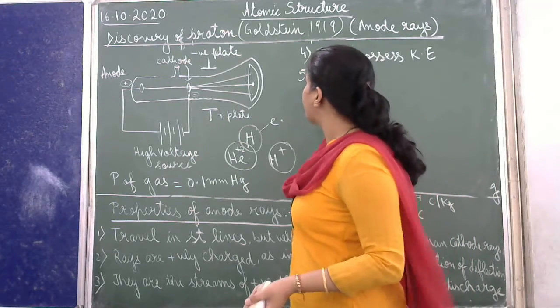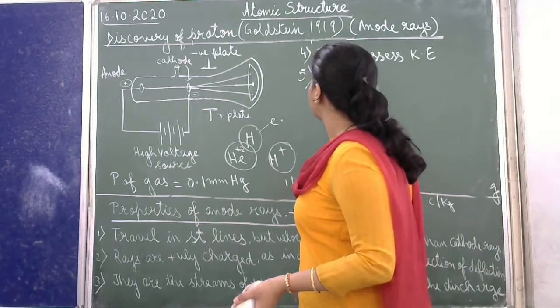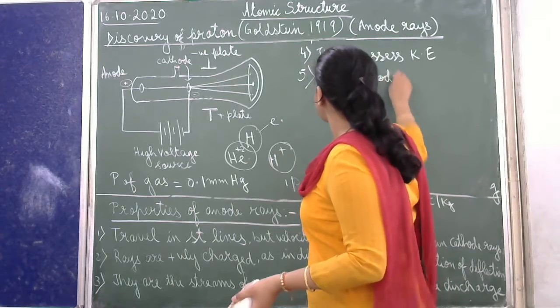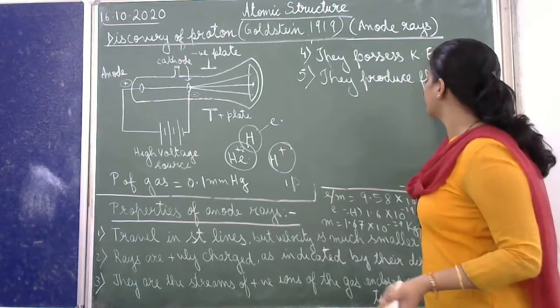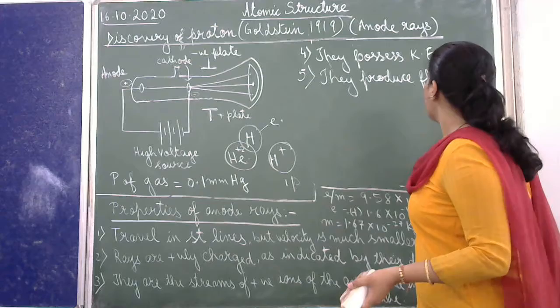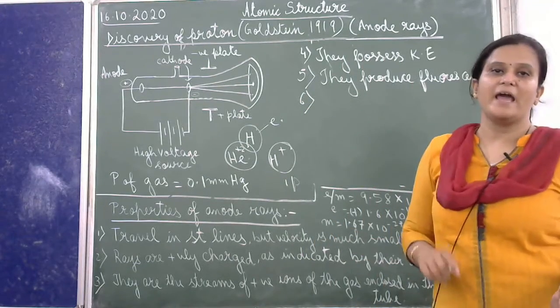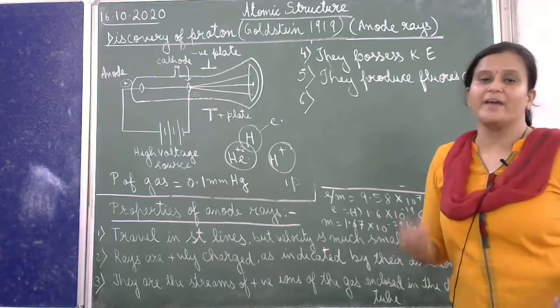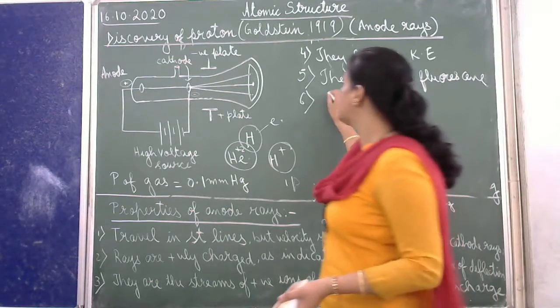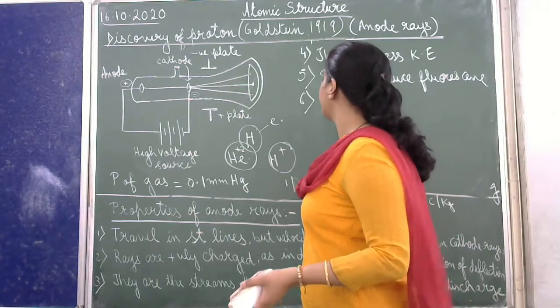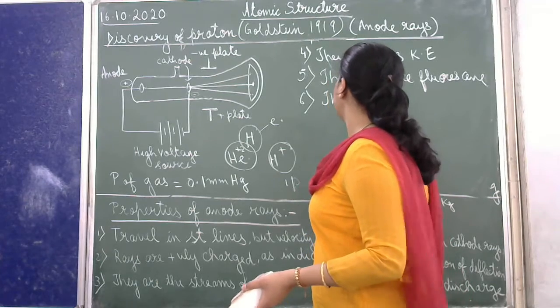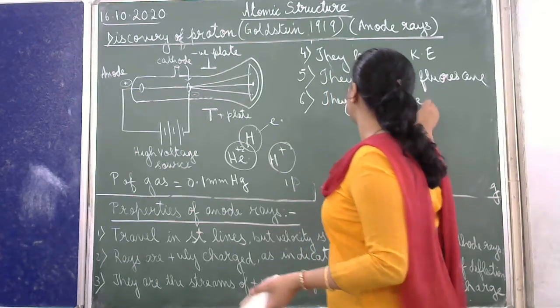The fifth property I can write down, they produce fluorescence. And the last property I will write down, that they can ionize the gas. Isn't it? This point is very important. They can ionize the gas.